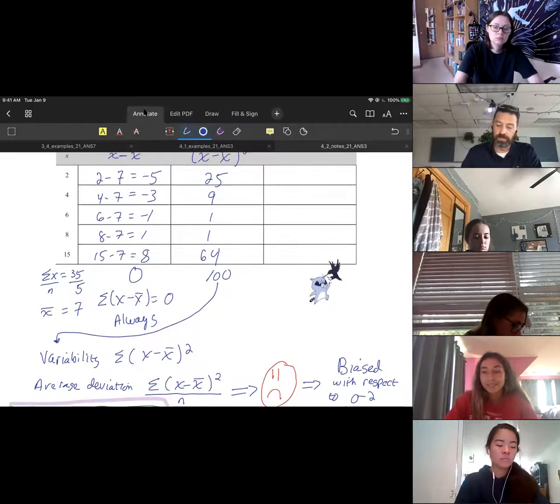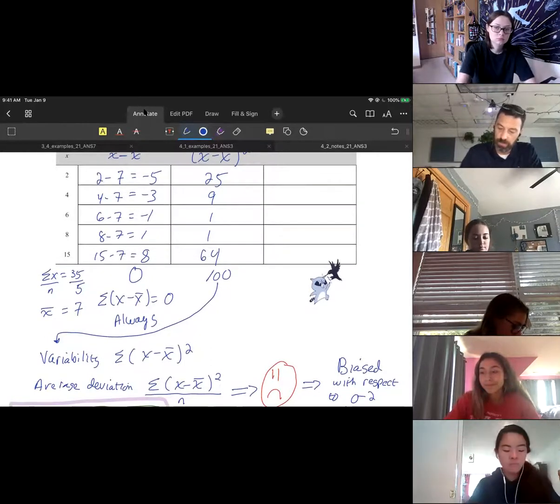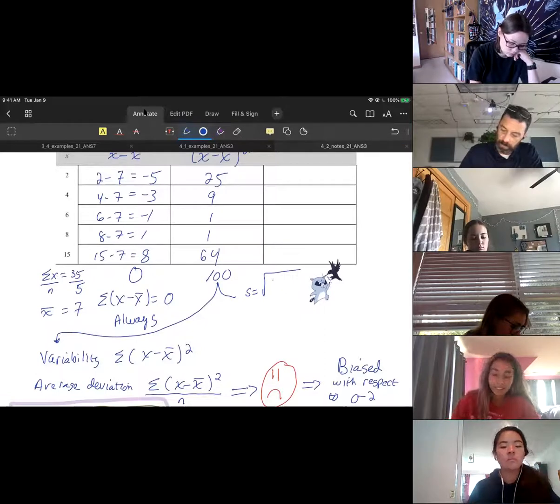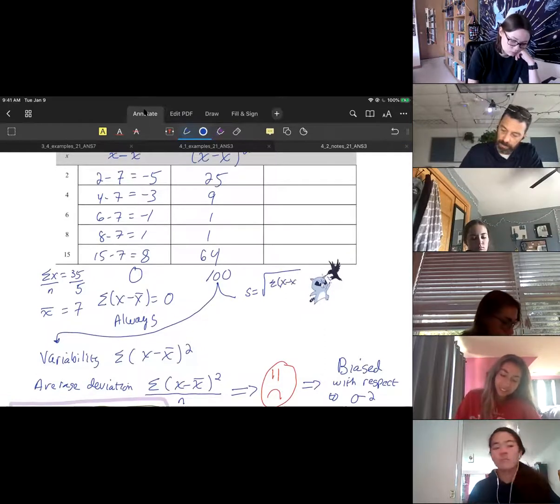So now that we've gone through this detour, let's go back and finish this. So 100 was the sum. I'm going to start with the formula. S equals the square root of the sum of x minus x bar squared over n minus 1.